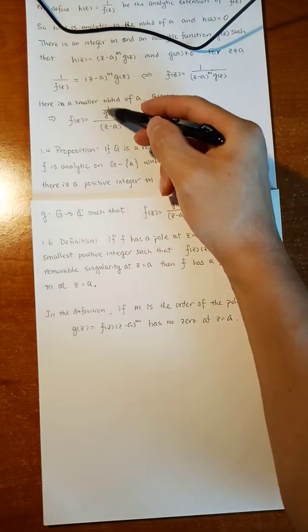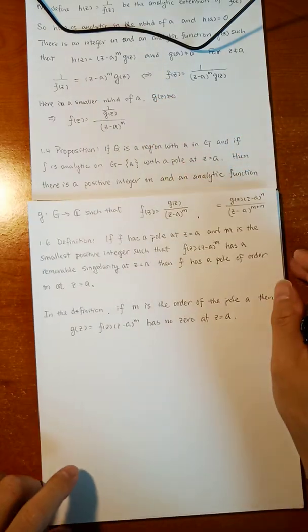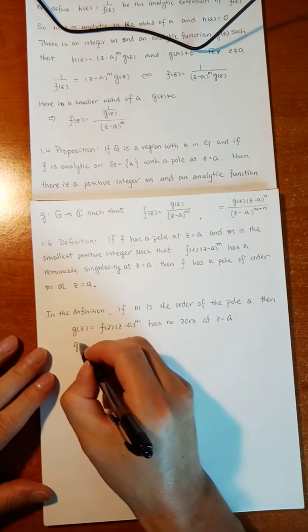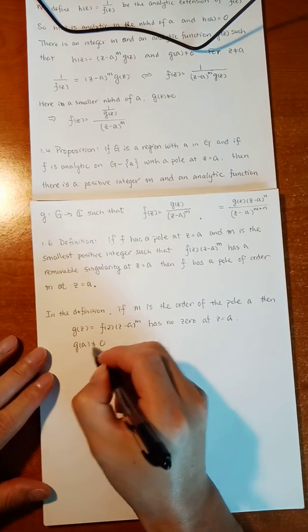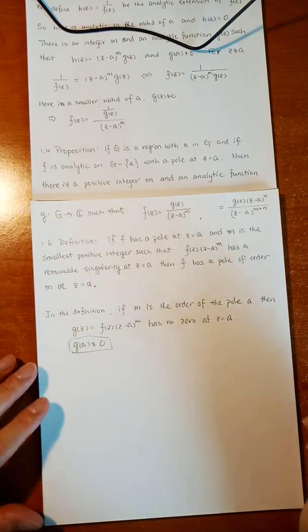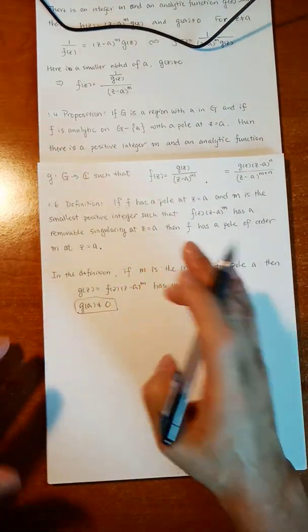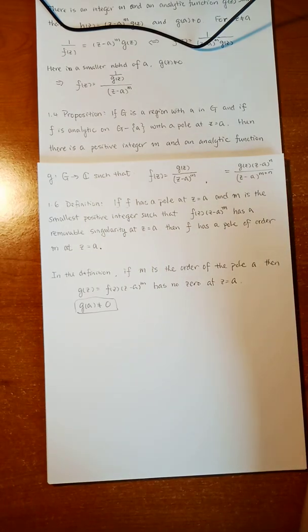It's because g of z actually is a reciprocal of a certain analytic function. So here we just emphasize g of a is non-zero. If g of a is 0, we can drop this m.